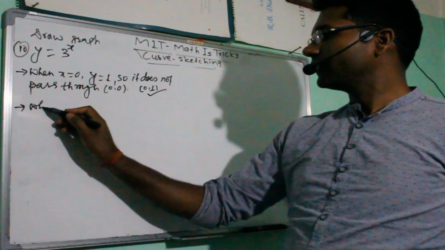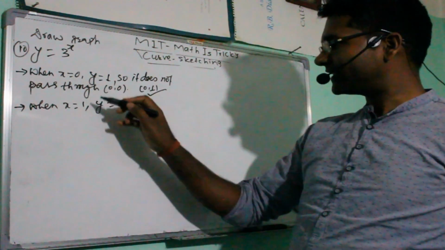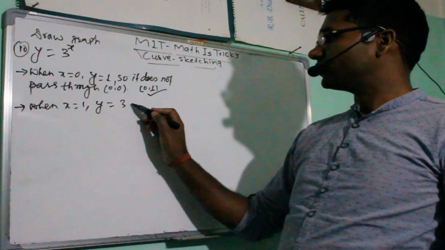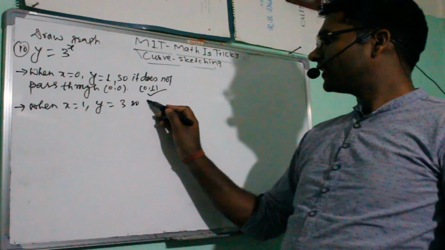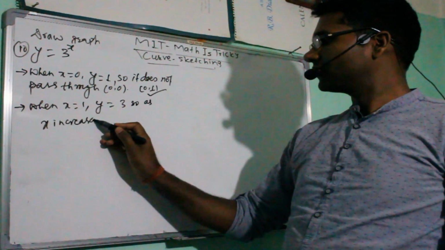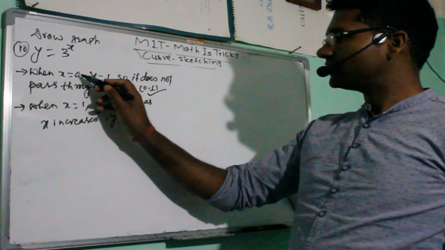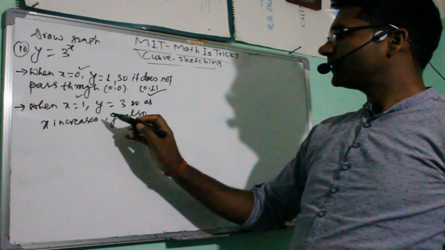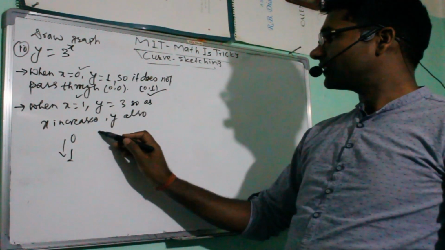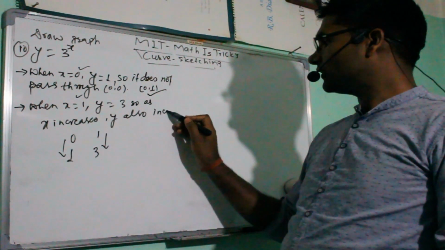Now when x equals 1, y equals 3. As x increases, y also increases: from 0 to 1 it is increasing, and y from 1 to 3 also increases.